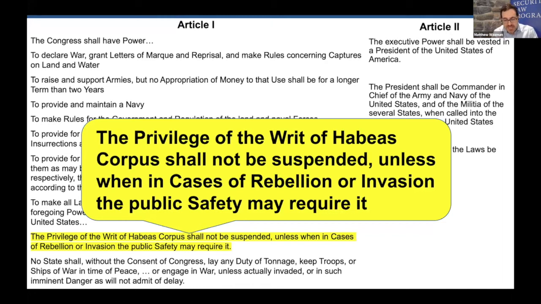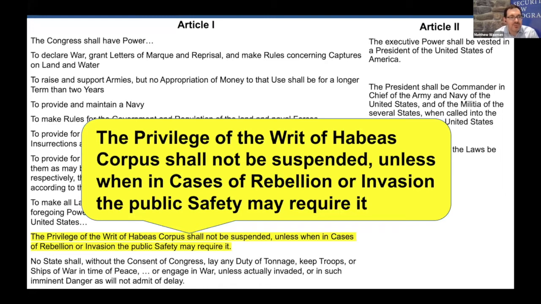But the reason I think it's especially an oddly written clause, and this causes some problems down the road, is it doesn't actually say which branch may suspend that right. That becomes a big issue in the Civil War when Lincoln unilaterally suspends it.